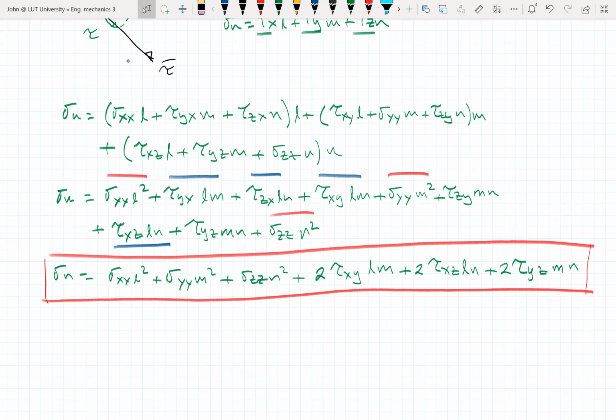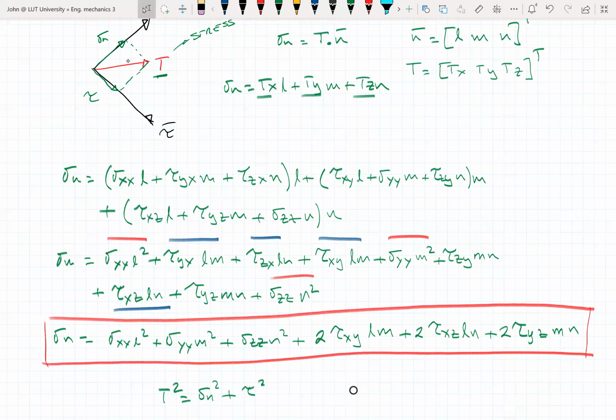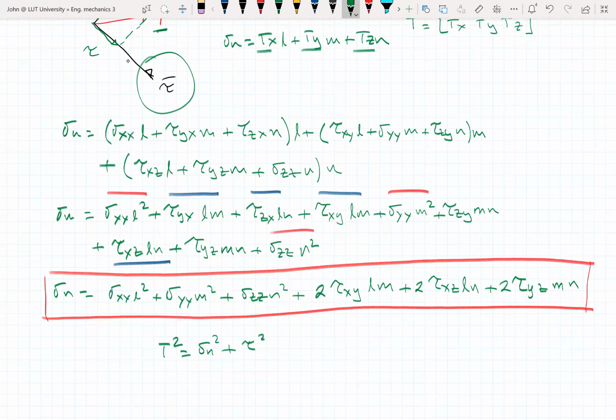What's the value of the shear stress, the tangential stress, in the plane? As I mentioned before, we know that T squared equals the normal stress squared plus this shear stress squared. I want to know how much is this one. So by having the normal stress now in terms of the stress tensor quantities, I can know how much is this tau here because I can do just a simple subtraction.